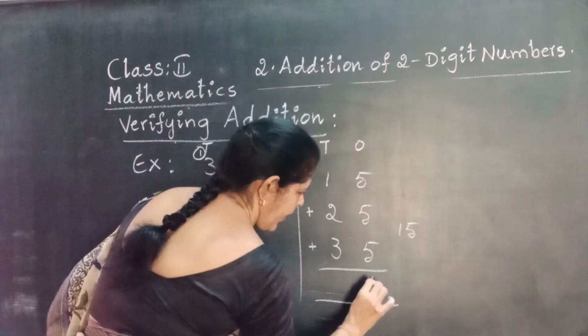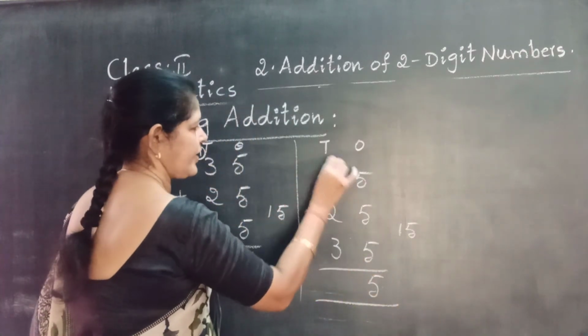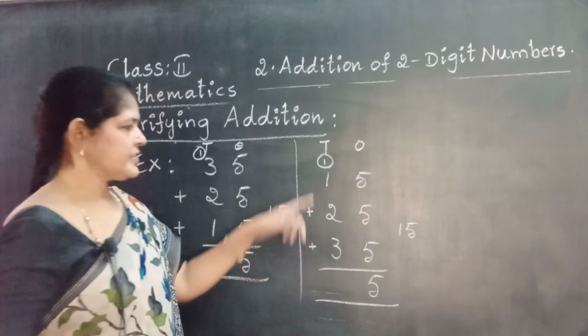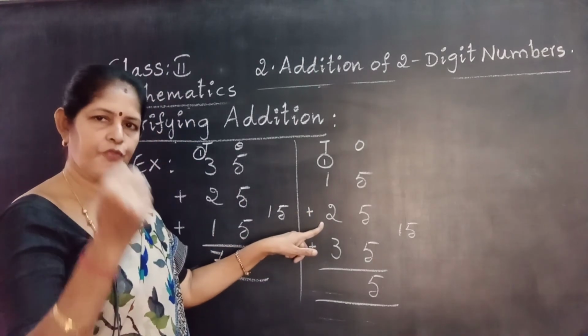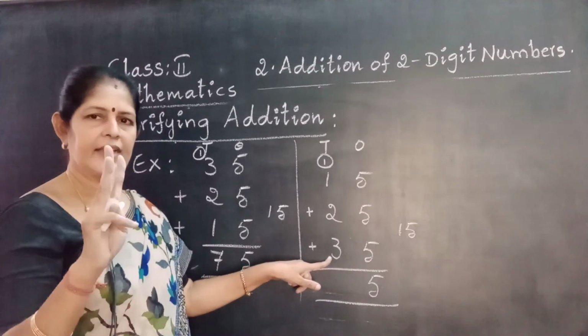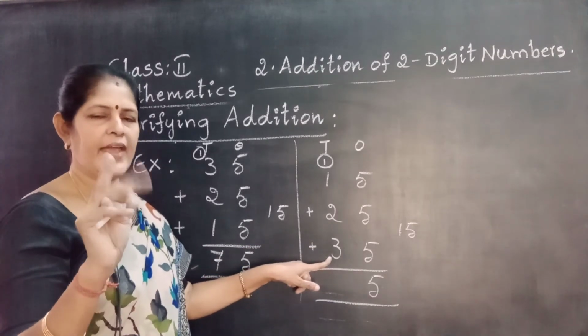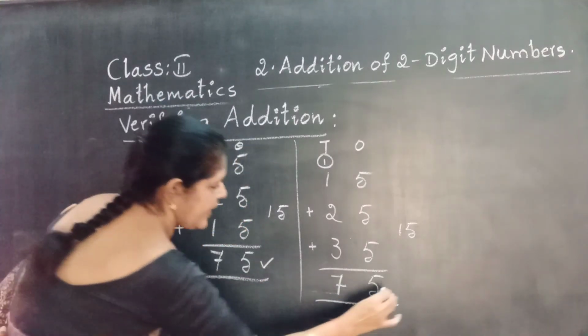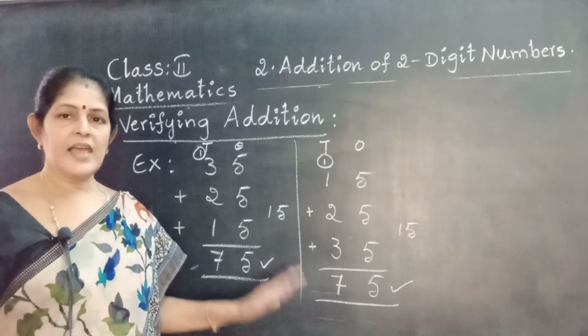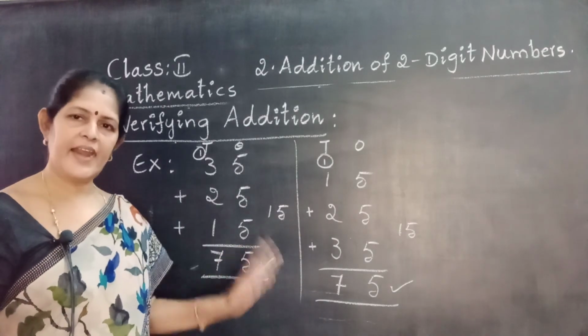Very good. 5 write in the ones place. 1 carry forward to tens place. 1 plus 1, 2. 2 plus 2, 3, 4. 4 in the mind. Take 3 fingers. 4 after 5, 6, 7. 75. We got the same total. That means our process is correct.